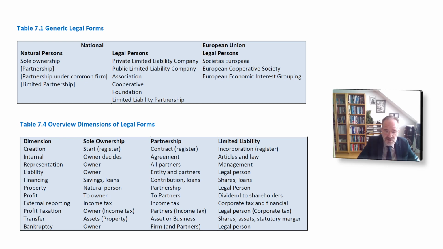Sole ownership is rather cheap, partnership only requires a contract, it need not even be written in general, and for the limited liability company, you have a bit more complicated incorporation process. Now, internally, the question is who can make decisions. An important element is who can represent, act on behalf of the legal form.